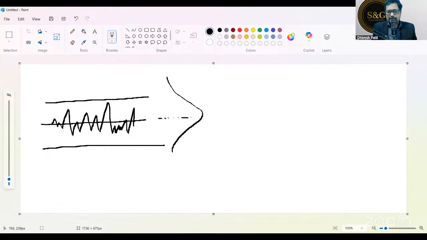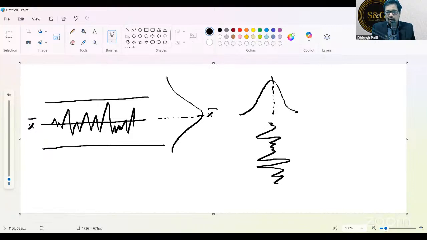How many of you got it? Just type yes in the chat box. This is X bar. Have you understood this? The control limits are plotted horizontally, whereas the histogram is plotted vertically, but it is actually the same thing. How many of you got it? If I plot it like this, it will look like this.